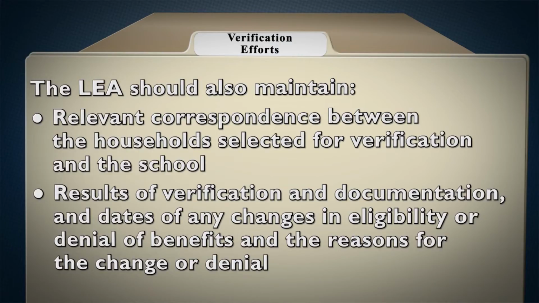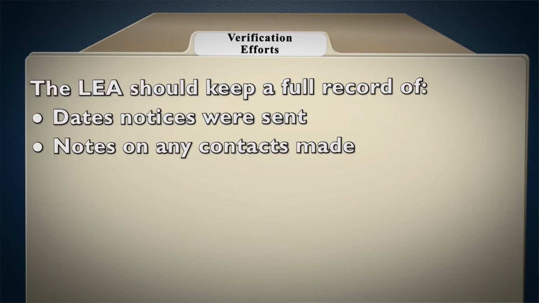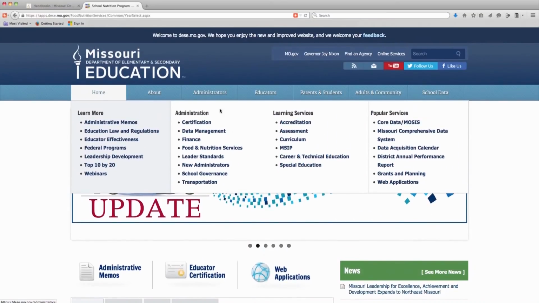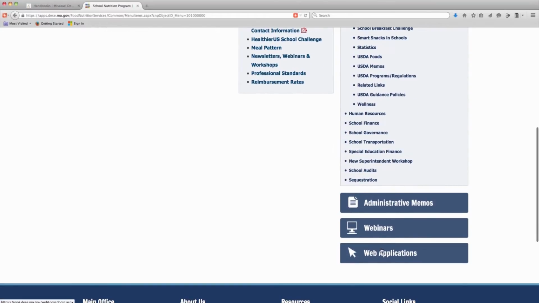LEAs should keep a full record of the dates notices were sent, notes on any contacts made, and the signature of the confirming official. The verification report is due December 15th and is available in the DESE FNS web application system.